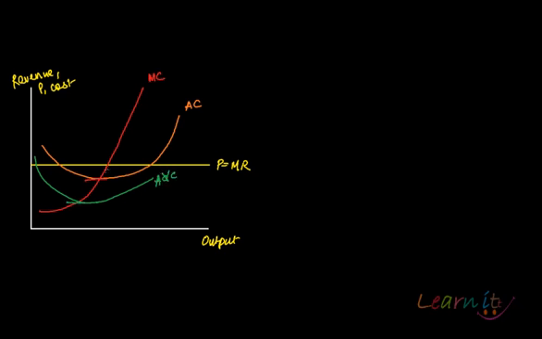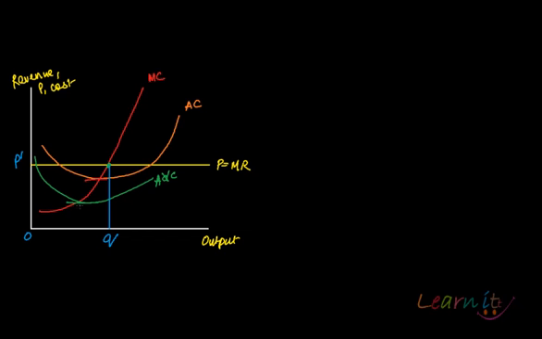Now, we know that the profit maximizing output is going to be at the point where P is equal to MC. And we are saying that it is the upward sloping portion of the MC curve, which is above the minimum of the AVC curve.